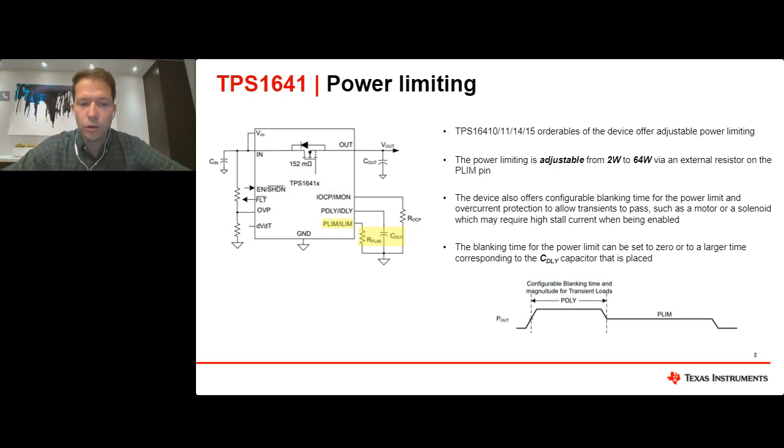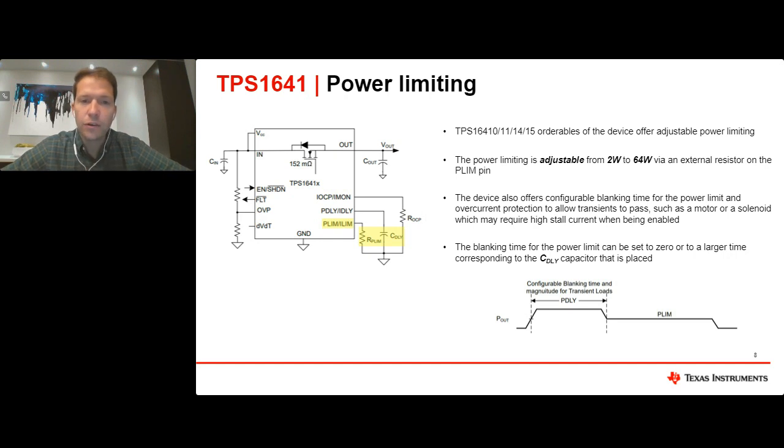And this figure below shows how that can be configured. Initially, the device will allow a higher amount of power to be transferred to the load, and after the blanking time has expired, it will start to limit back to the value that is set.